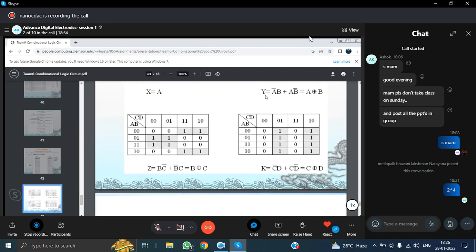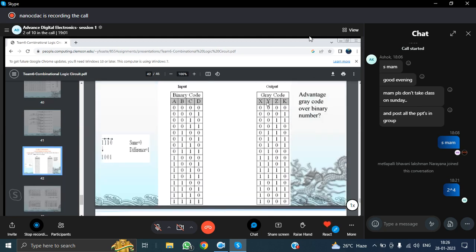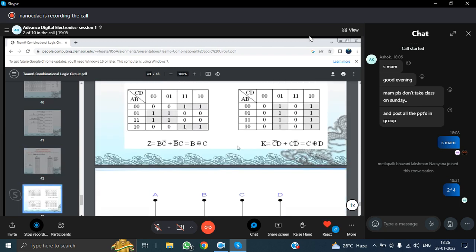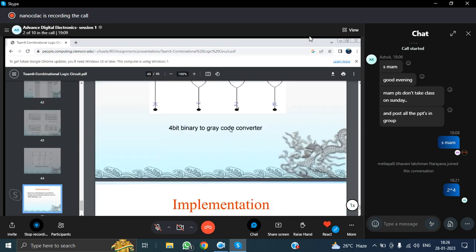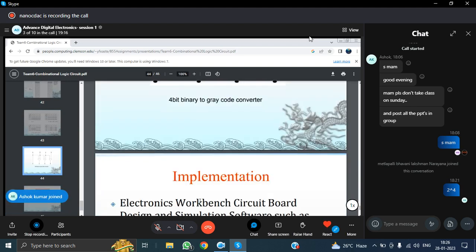X is equal to A, Y is equal to A bar B, and so on for Z and K. If you plot them, you will get these equations. From these logic equations, you can draw the combinational logic design of the 4-bit binary to gray code converter.